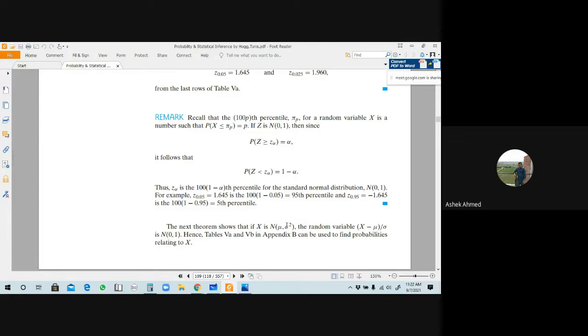Variance is sigma square, but sigma will be the standard deviation. Okay, so this variable will be N of 0, 1. What do you mean by N of 0, 1? This will be the standard normal variable, because for N of 0, 1, the standard normal variable was capital Z. Okay, so this will be called the standard normal variable.